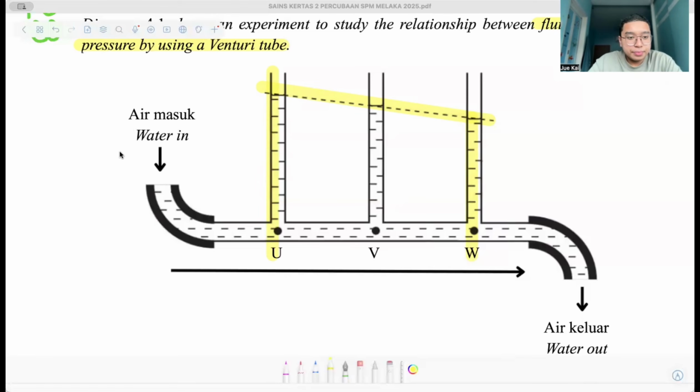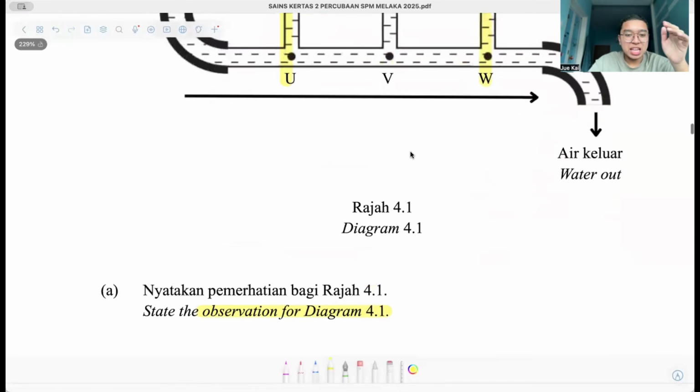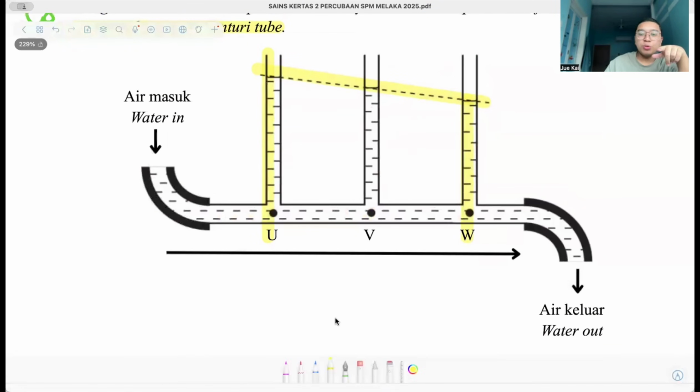Repeat question? Okay. So the question is asking about what? Wait, let me see again. Observation. So I tell you to focus on U, V, and also the dotted line here. So since W is lowest, how about you? I want you to focus on U.